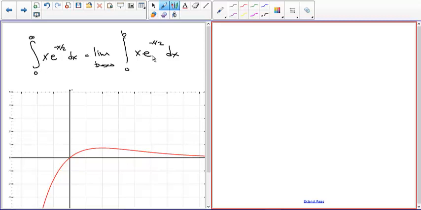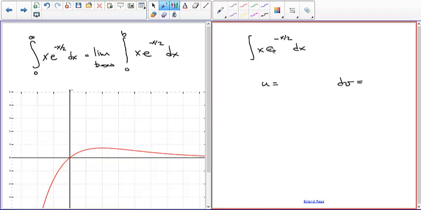So what we're going to do is actually do integration by parts over here. I'm just going to do the indefinite integral, and then I'll plug it in once I complete that process. So remember, integration by parts is you have to say part of it's u and part of it's dv.